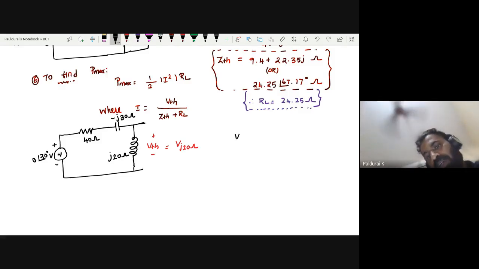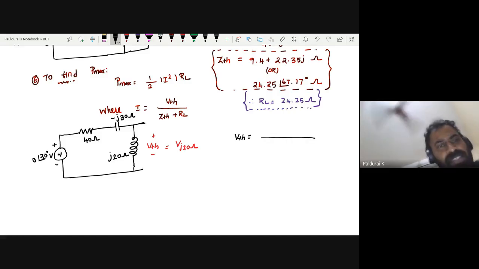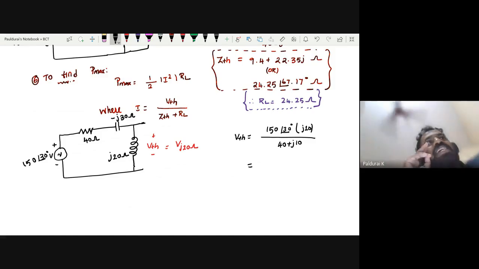What is the applied voltage? Actually, it is 150 at an angle of 30, into the same resistance J20 divided by the total resistance 40 plus J10. Am I correct?